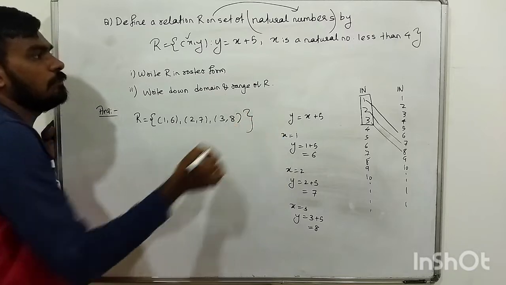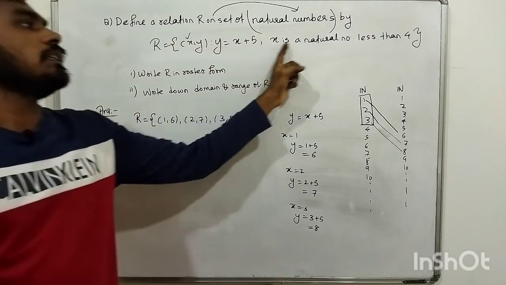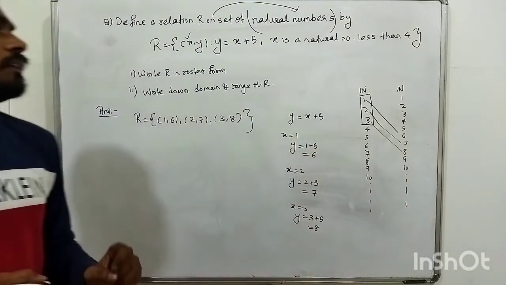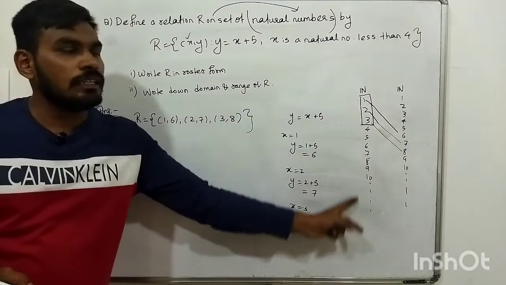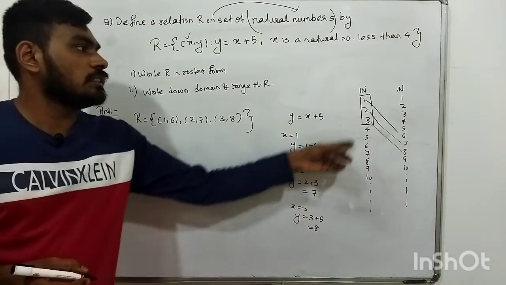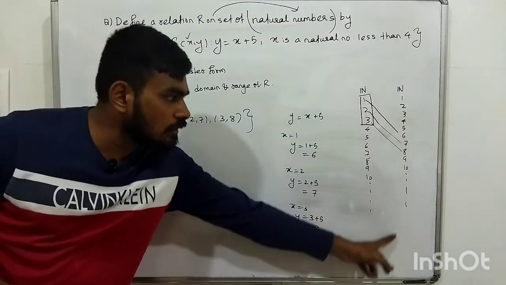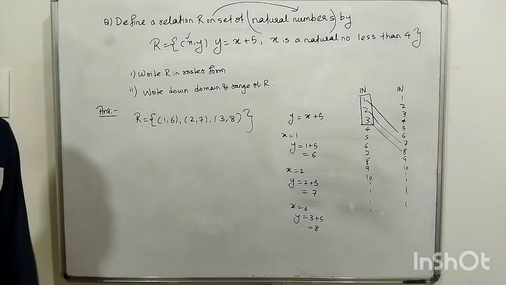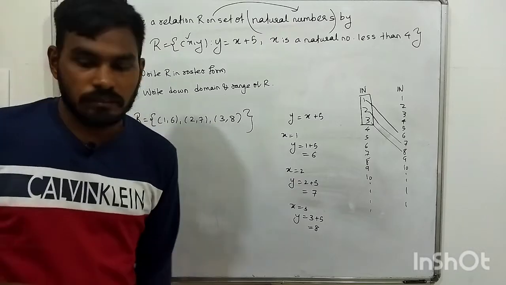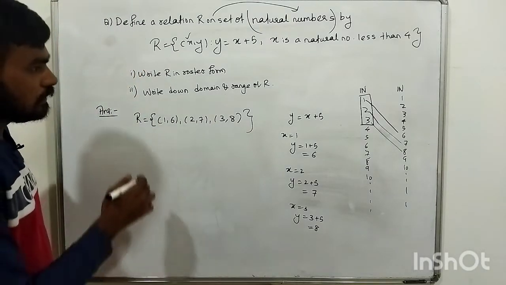We won't go beyond 3 because it is told that x is a natural number less than 4. So only natural numbers less than 4 you have to take in x, that is this side. That side, there is no restriction. That side, set of natural numbers, so all these numbers are there. That's why we could take 6, 7 and 8 there. Next, what is the domain and range here?